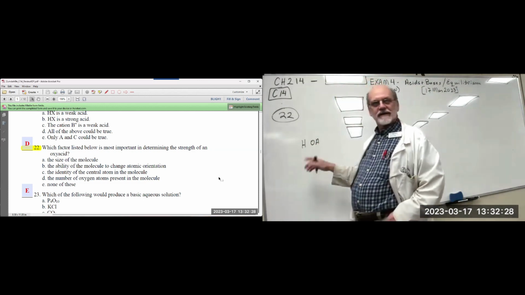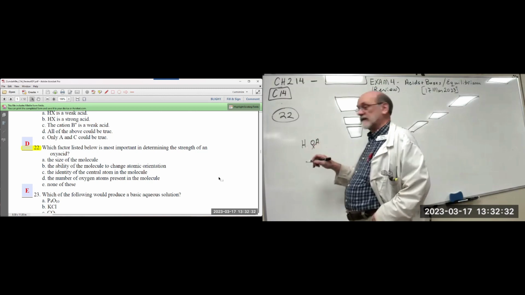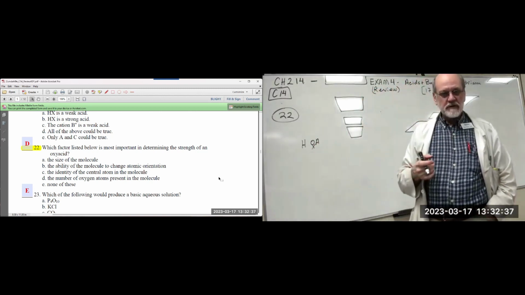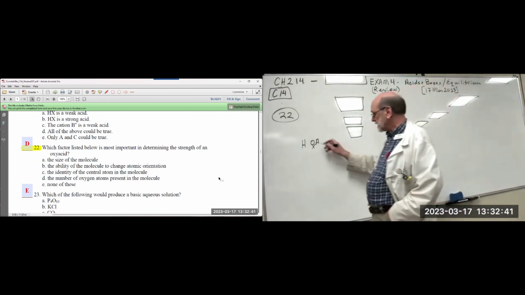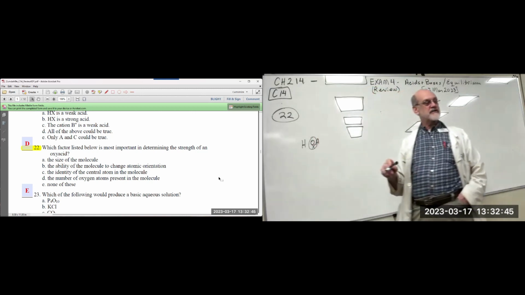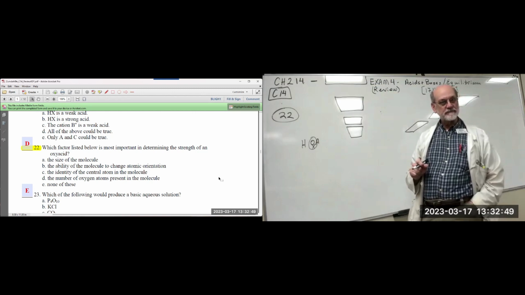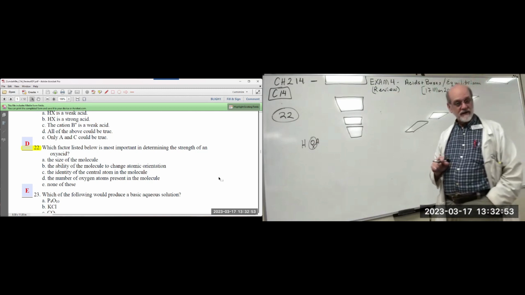Something like that. It's got an oxygen in it, at least one. It could have more than one. Okay. So which factor is most important? The number of those. The more oxygens you have, the more acidic the molecule. So the number of oxygen atoms present in the molecule, that's the key.